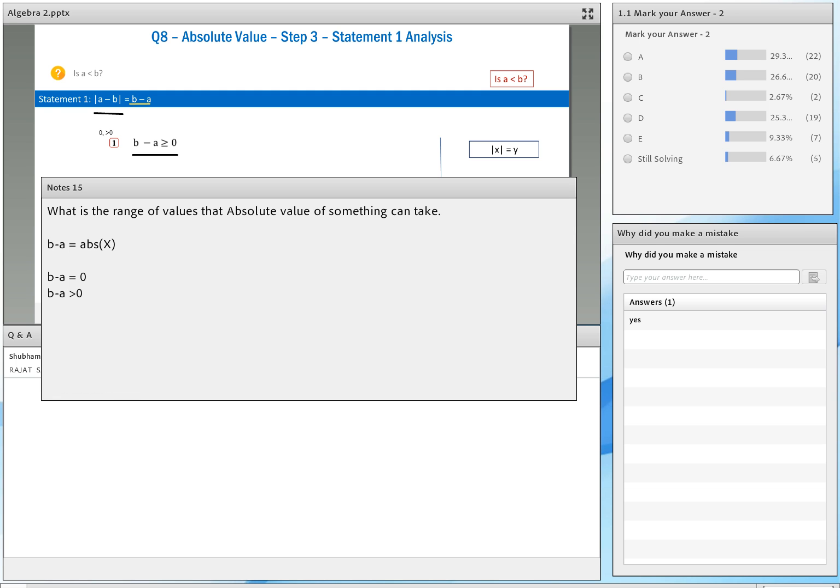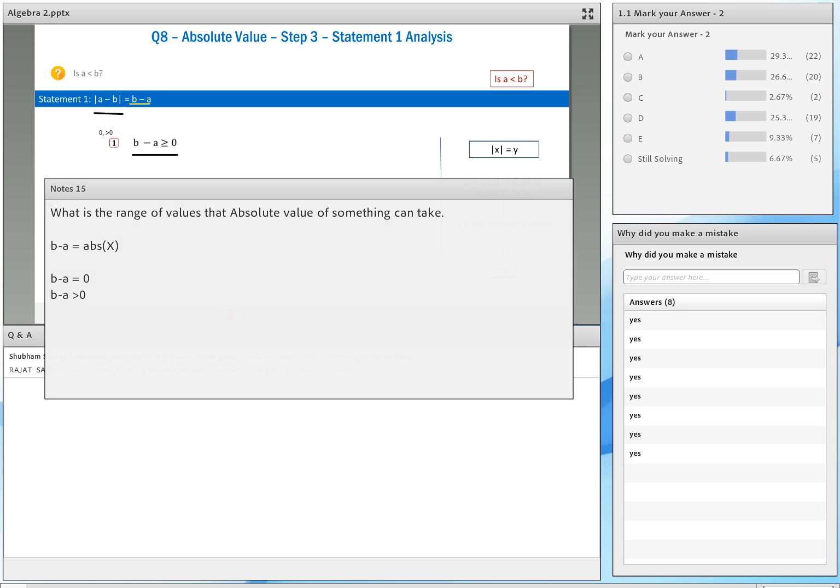Is that clear? Okay. There are two possibilities that exist. If I told you B minus A is equal to absolute value of x, B minus A would either be 0 in case x is 0, or B minus A would be positive in case x is non-zero. X could be negative, x could be positive, but because of the absolute value around it, B minus A is positive. That's all that I'm doing over here.